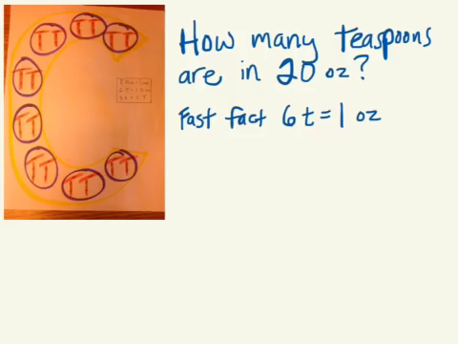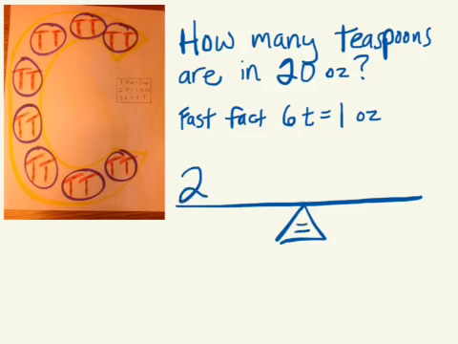And in this case, it's going to be more efficient to big little it. So draw your equivalency scale, put on the 20 ounces on one side and an unknown amount of teaspoons. Sometimes they write TSP, sometimes they just write a lowercase t.